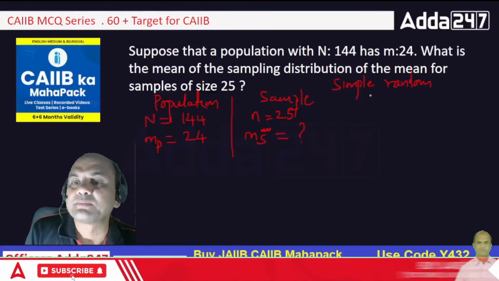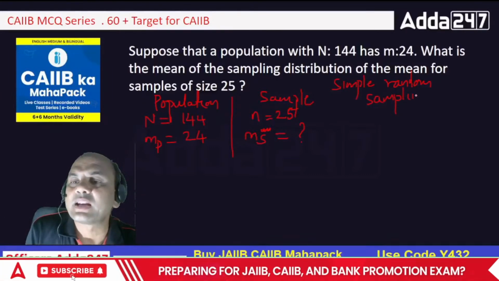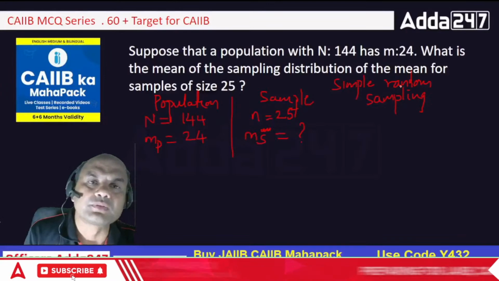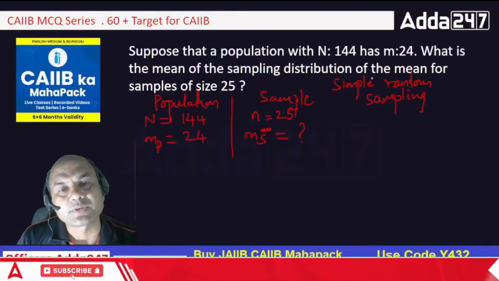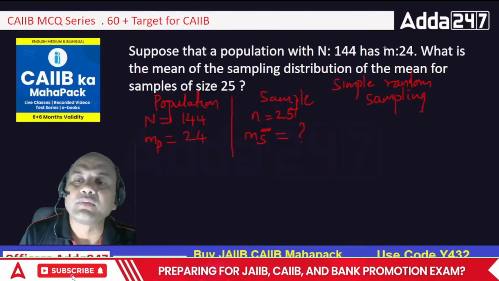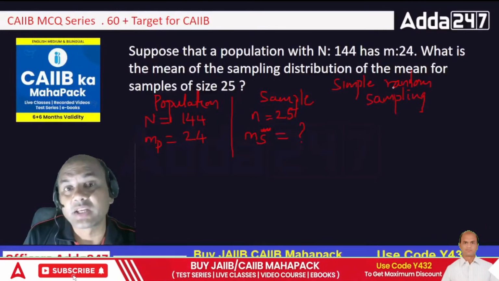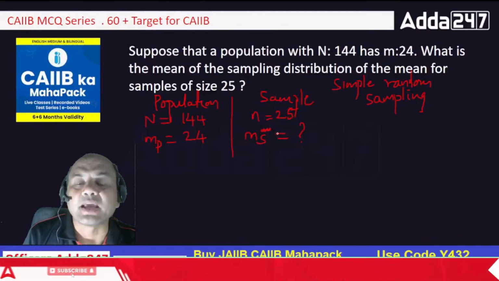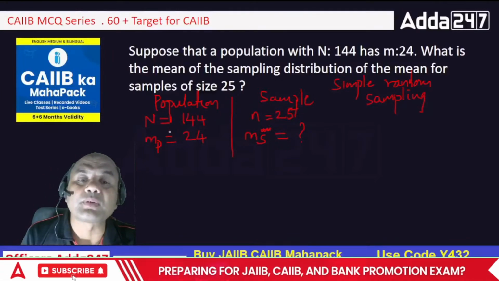In simple random sampling there is a basic rule: every element has an equal chance of getting selected. We saw it in the first question. So when every element has an equal chance, the sample mean will be equal to the population mean.